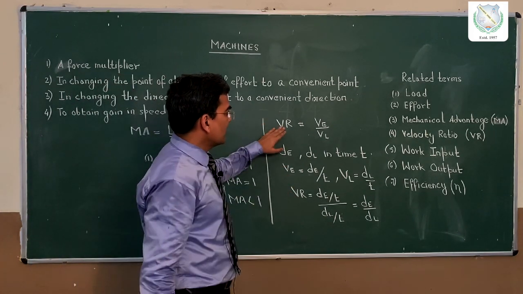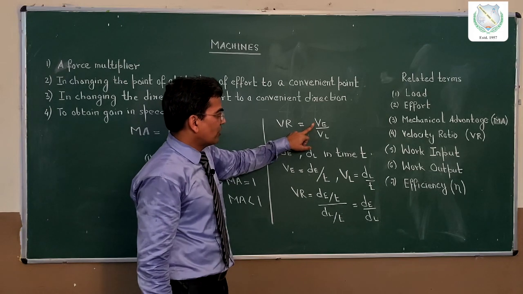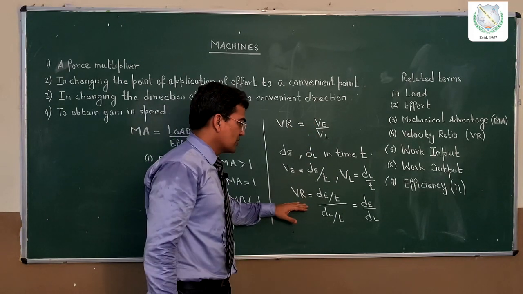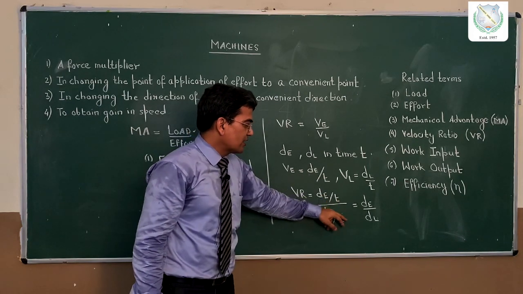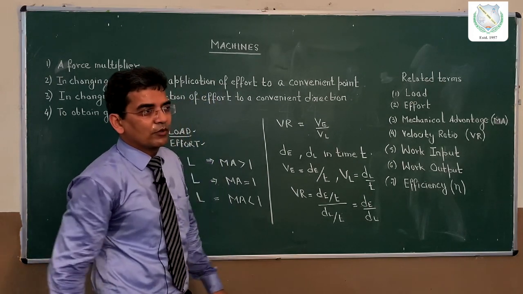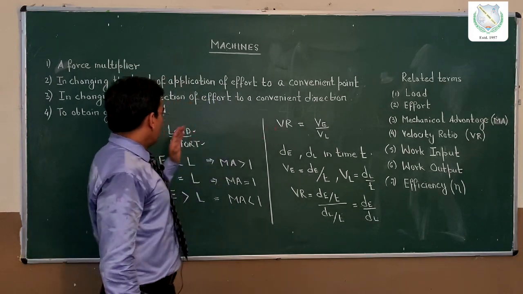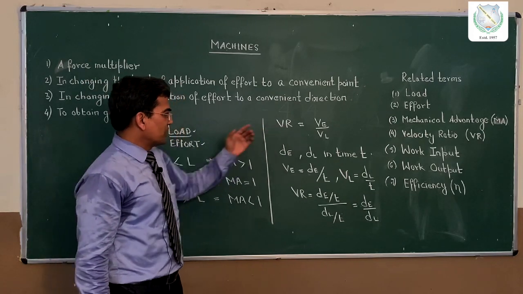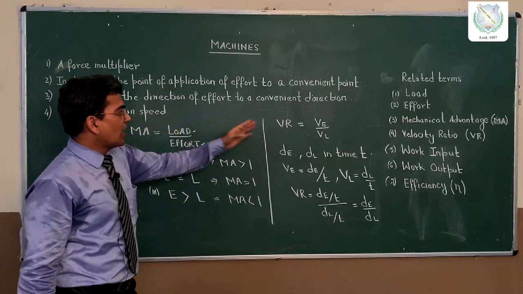Velocity ratio is the ratio of velocity of effort to the velocity of load, or we can also say that velocity ratio is the ratio of displacement of the effort point to the displacement of the load point.